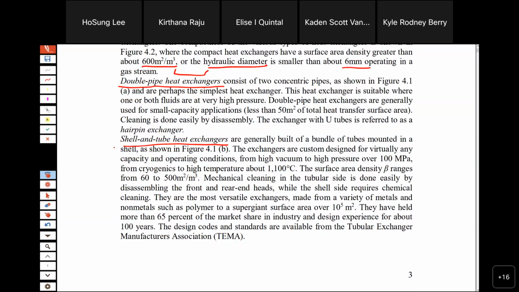This type is historically well-developed, over 100 years, with about 75% market share, in terms of temperature and pressure. But we can also look at compact ones.